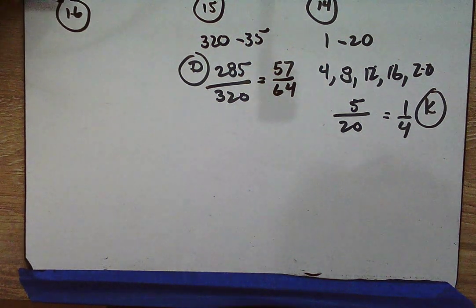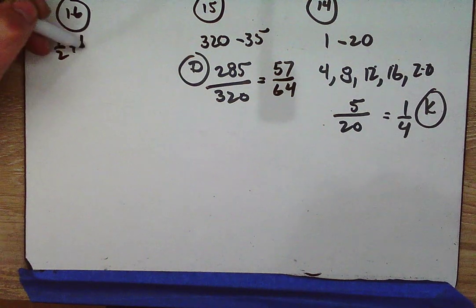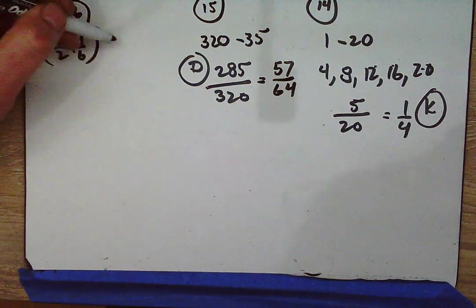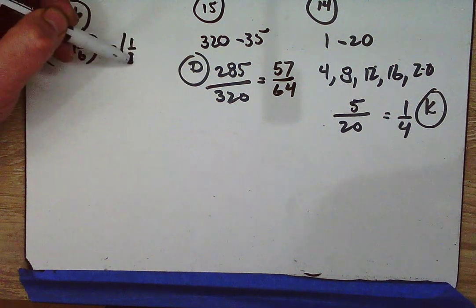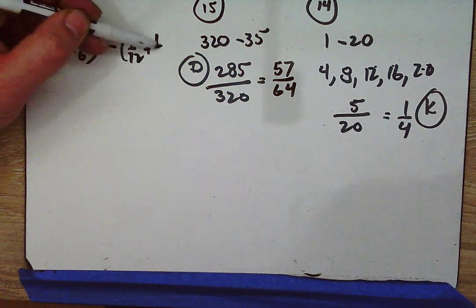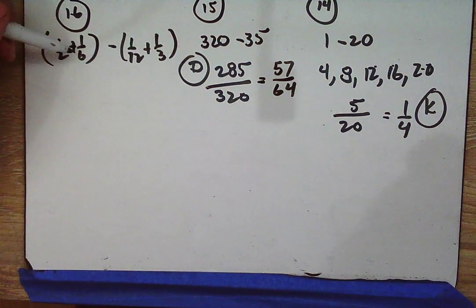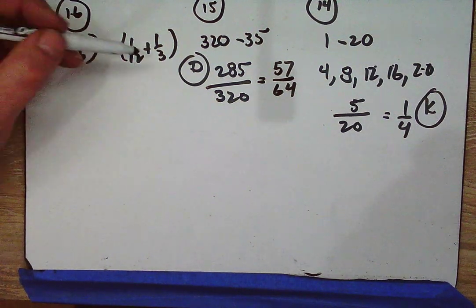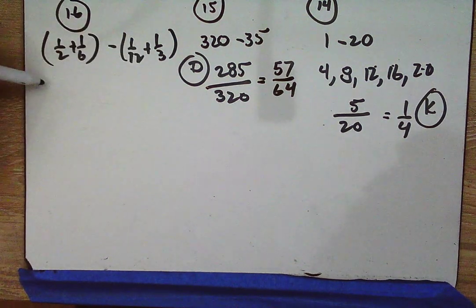16. We've got fractions to add, and then we want to subtract the result of adding those fractions? Well, that means I want to make common denominators, and rather than just a common denominator here and another one here, I'm going to make everything in terms of twelfths.